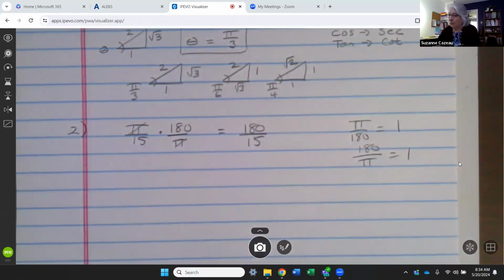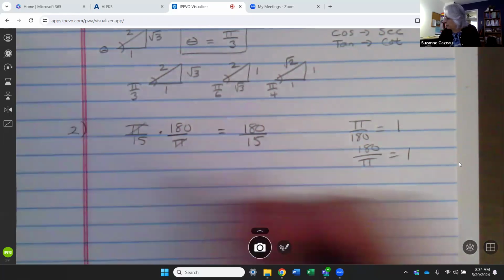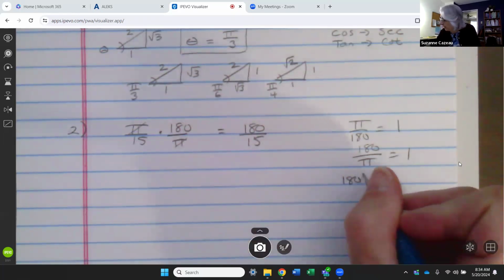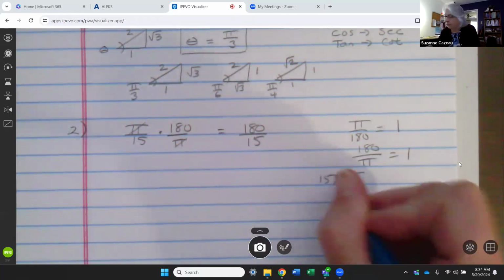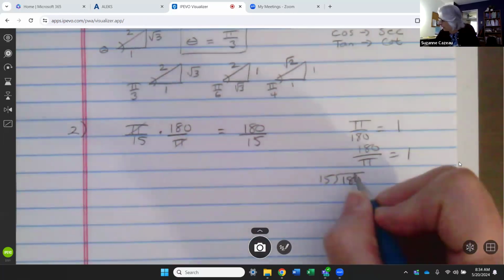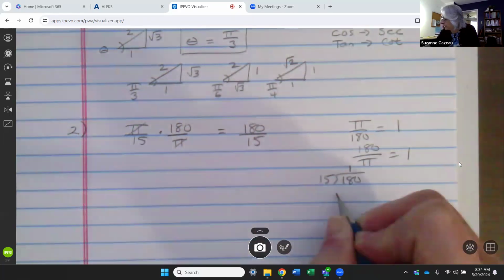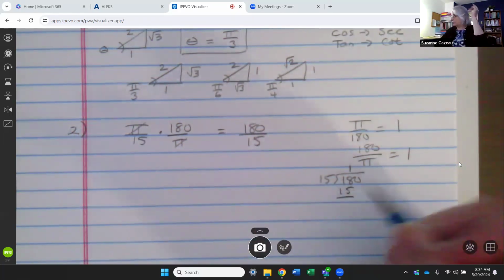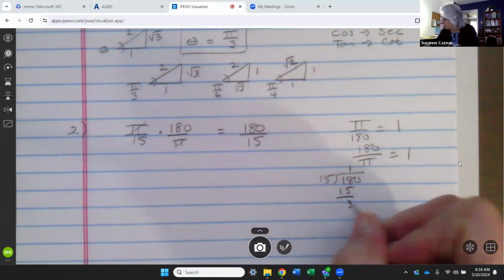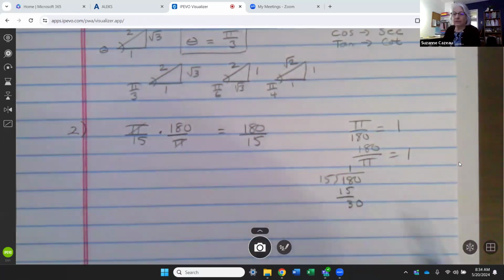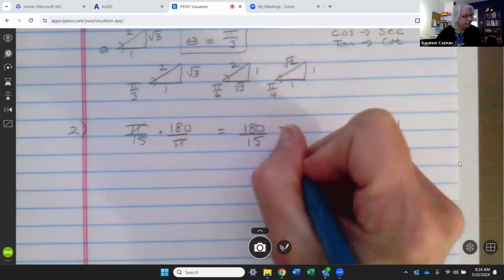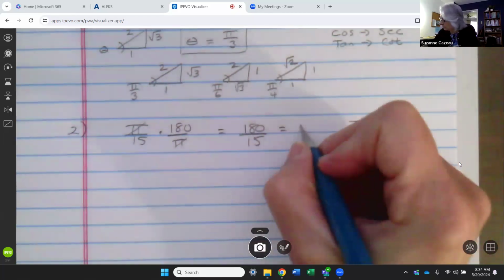If you don't know it offhand, you could do 180 divided by 15. 15 goes into 18 once, and then that's a 3. Now 15 goes into 30 twice. So that means this is 12 degrees.